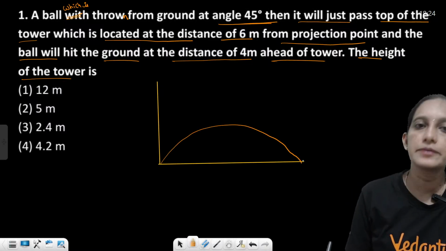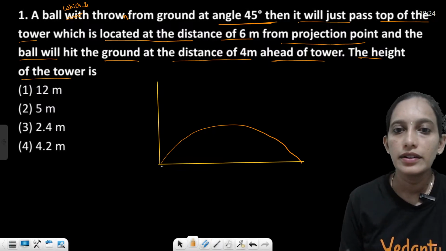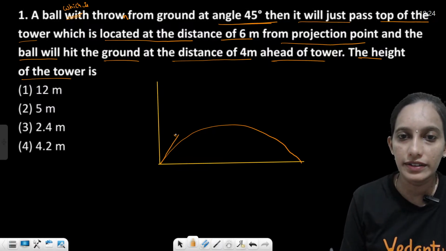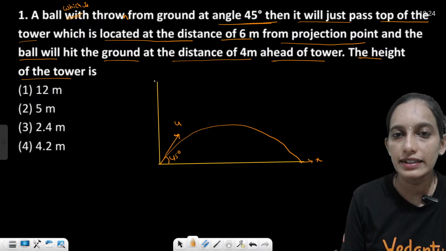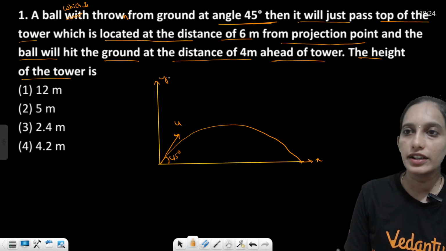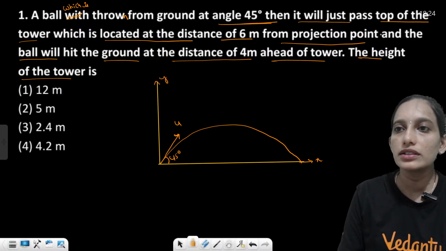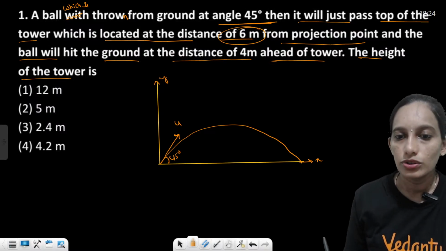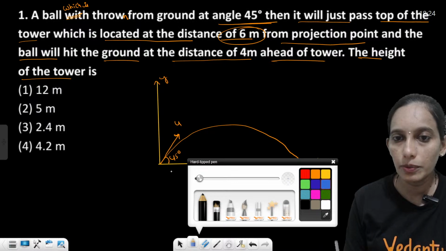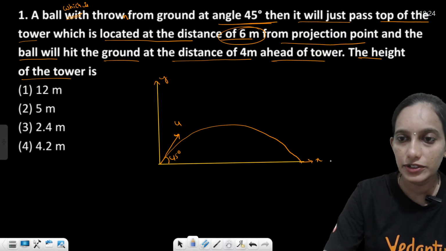It is projected at 45 degree. So the initial velocity u makes an angle of 45 degree with our x-axis or horizontal direction, just to pass the top of the tower, which is located at a distance of 6 meter. So let me mark this point as 6 meter.